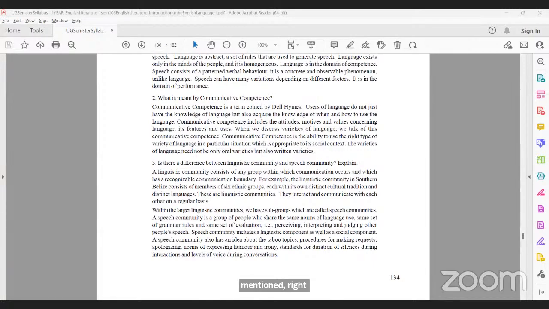Yesterday I was talking about two concepts, Langue and Parole, given by Ferdinand de Saussure. I was talking about Noam Chomsky and his ideas like competence and performance. Same kind of ideas.